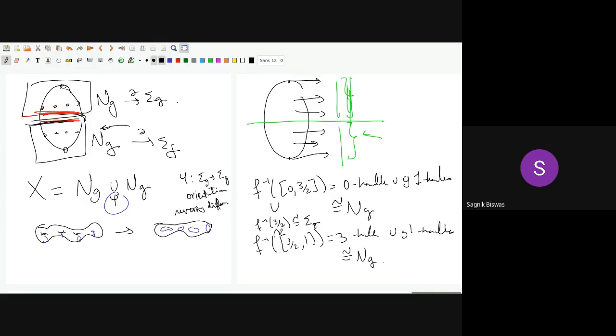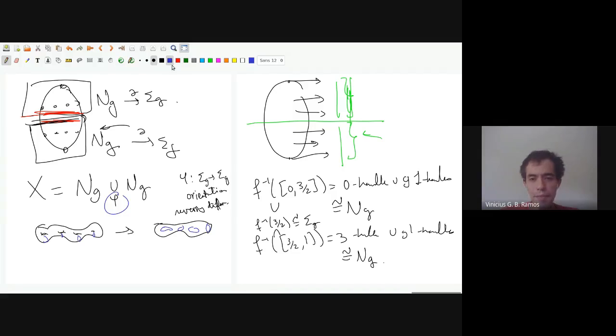Yes. So the diffeomorphism is basically what happens when you fix sigma G to be the boundary of one of these, and then you look at sigma G as the boundary of the other one.